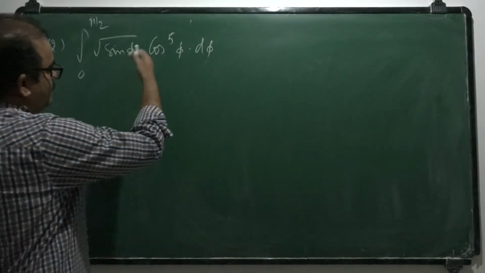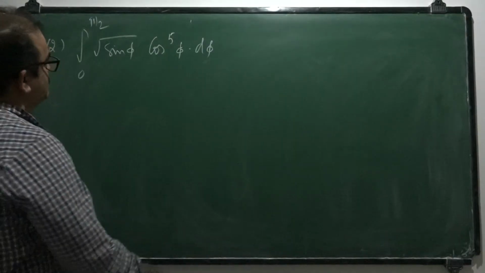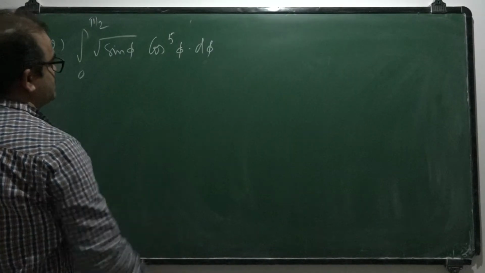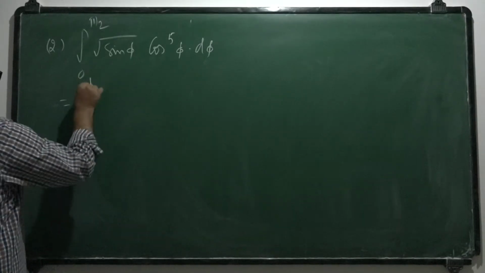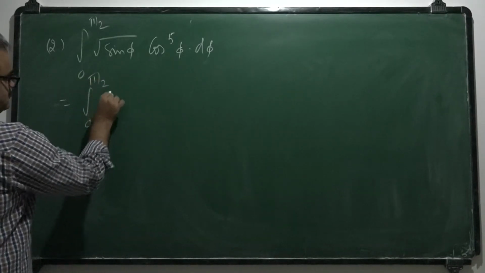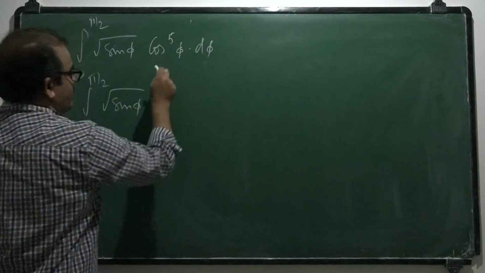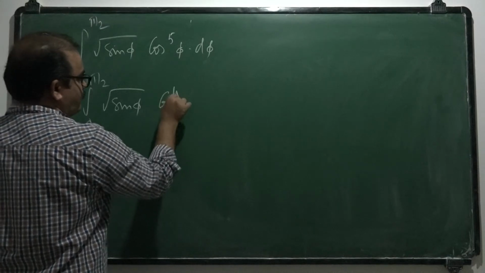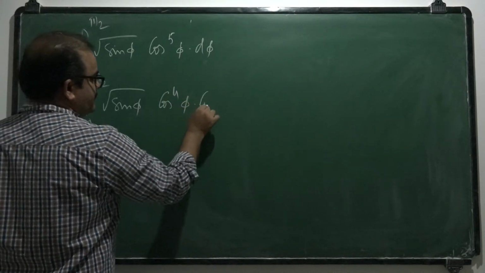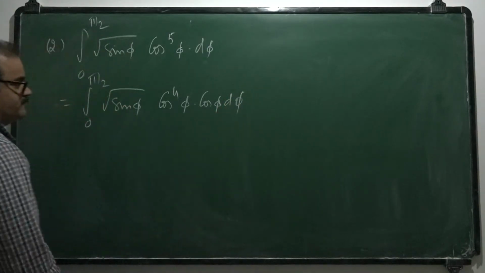Now directly integration is not possible here, so we need some change. You write it as integral 0 to pi by 2 root of sin phi into cos power 5 phi, that is taken as cos power 4 phi into cos phi into d phi.